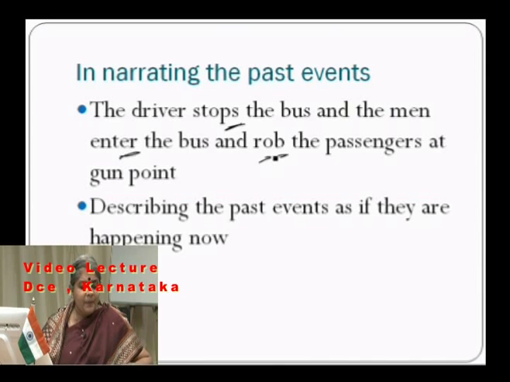Why am I saying this? The effect is to create an impression of dramatic immediacy, very similar to that of an eyewitness's account.